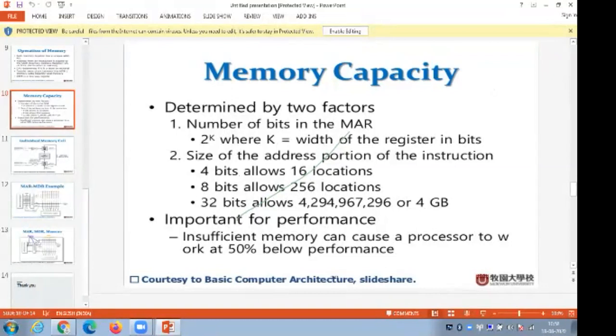If k is 4, then we take 2 to the power of 4. So this is the address storage in the memory.